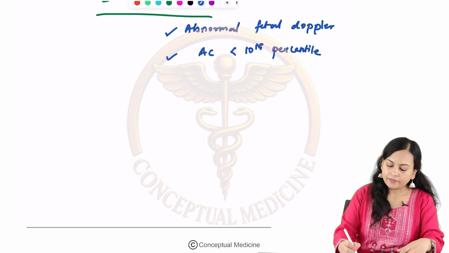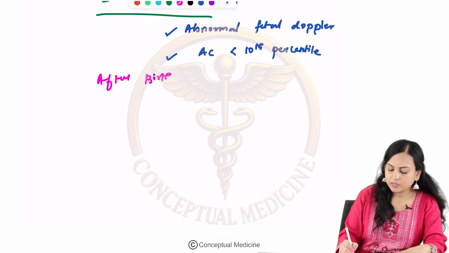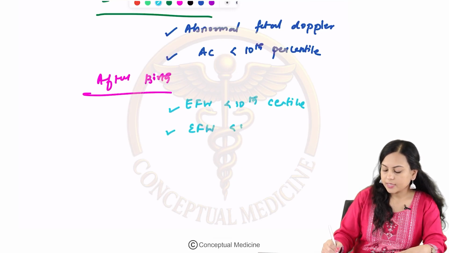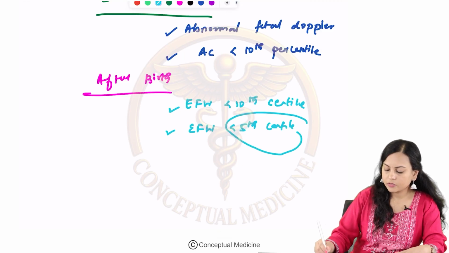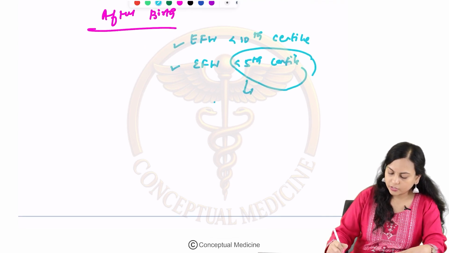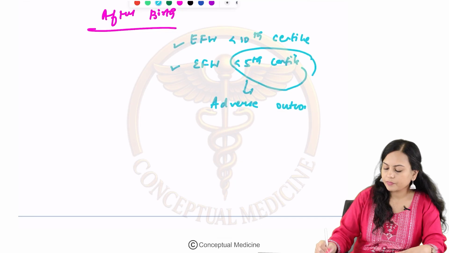After birth, the estimated fetal weight can be less than 10th centile, or sometimes even less than 5th centile. And when it falls to less than 5th centile, it is going to be associated with more adverse outcomes in the baby.